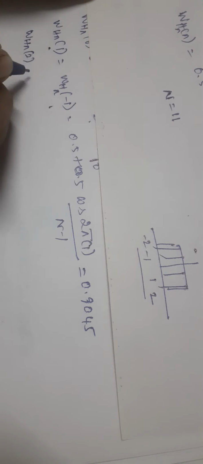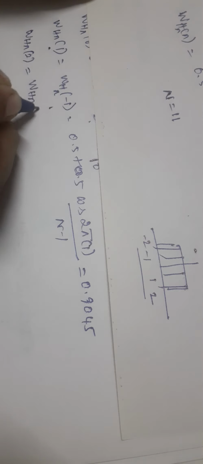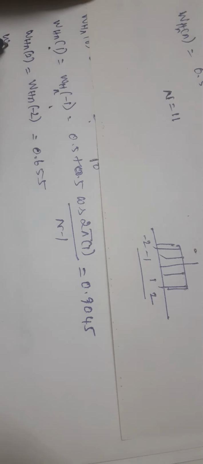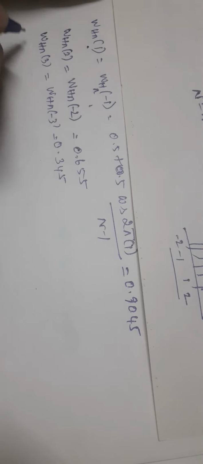WH of n is equal to 2, WH of n minus 2 is equal to, solve, 0.655. For Hanning window coefficient of 3, you get 0.345. So whatever values you are calculating, please have at least 3 to 4 decimal places, so that you can get the answer nearer to the exact answer.